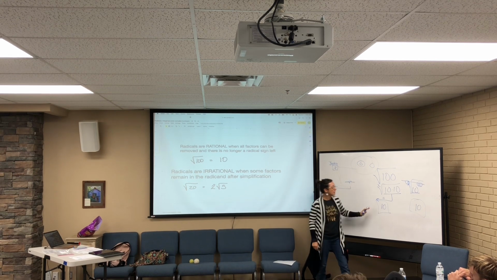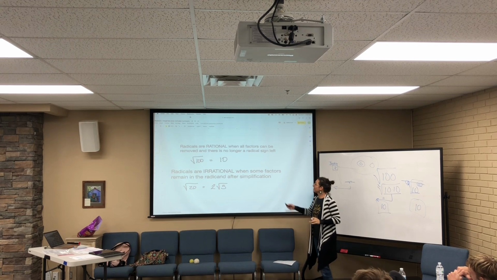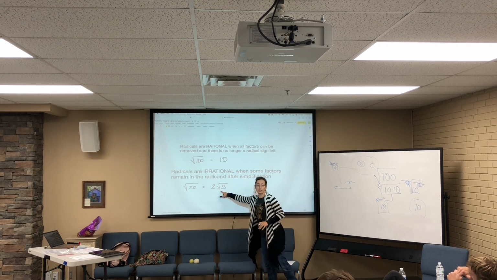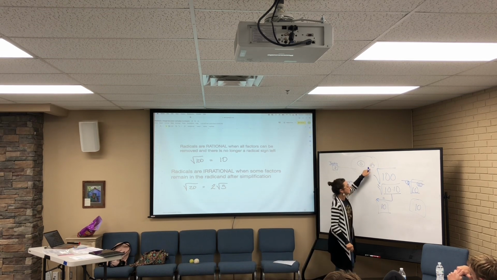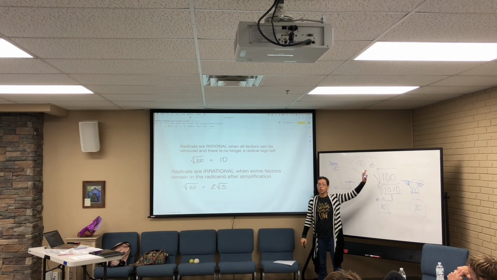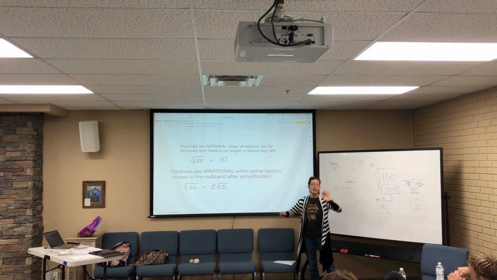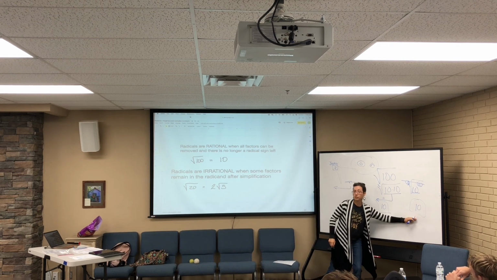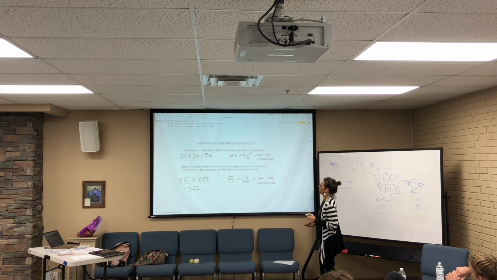So when it simplifies completely, it's called a rational number. When it does not simplify completely, and you have something left over, these were those square roots over here in the irrational numbers, right? It's irrational. So if you're asked to sort whether it is rational or irrational: if it simplifies completely, it's rational. If it has some left over, it's irrational.